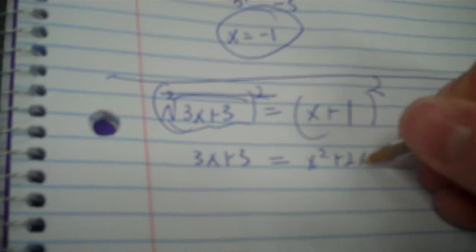You need to make a little box and write FOIL, and you need to take x plus 1 times x plus 1. So I take x times x, x times 1, 1 times x, 1 times 1. x squared, 1x, 1x, and 1. That adds to 2x, okay? So I got x squared plus 2x plus 1.